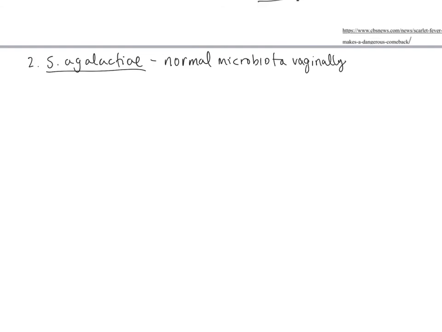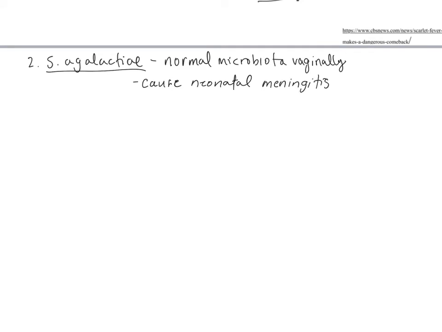And that's really no problem at all unless they become pregnant and their babies pick up that organism during birth. Okay, so the big clinical interest here is that it can cause a neonatal meningitis.